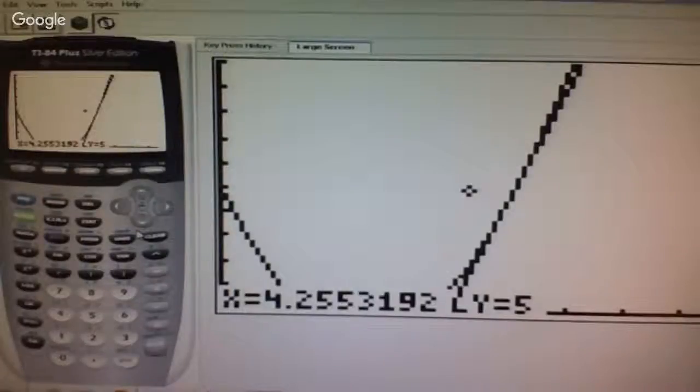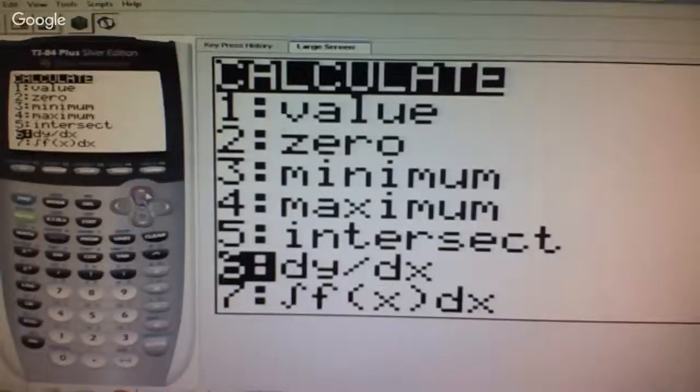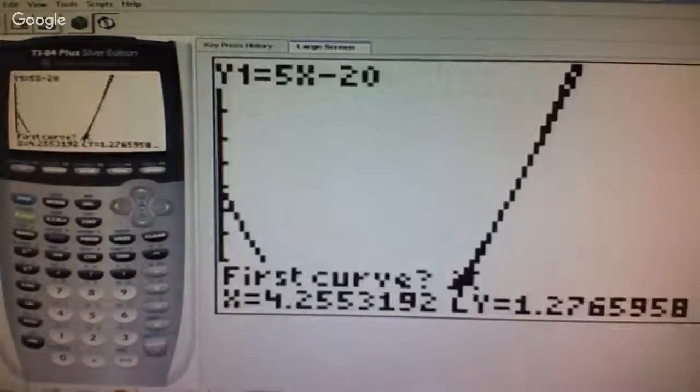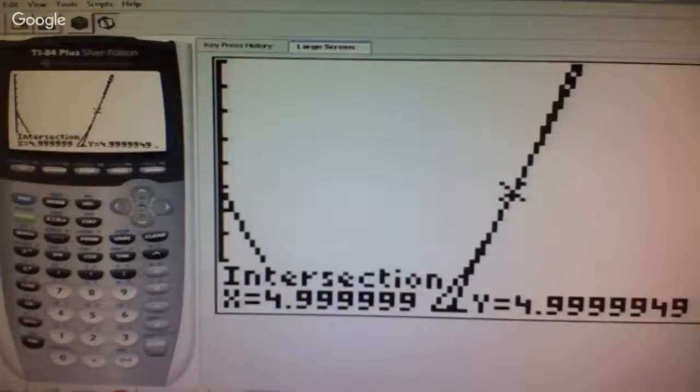Do second trace and find the intersection. Okay, enter. Drag it to the right.